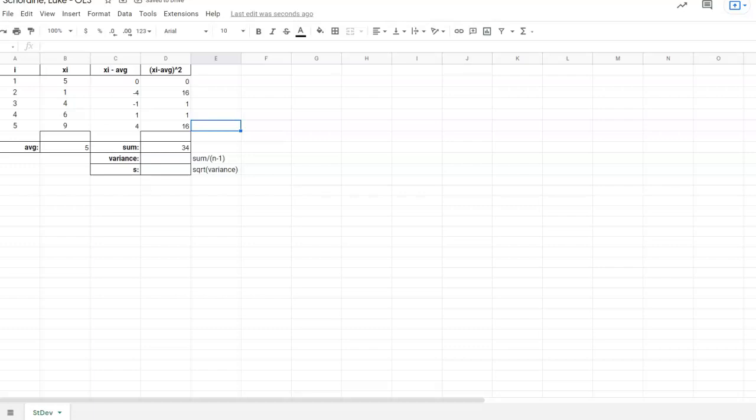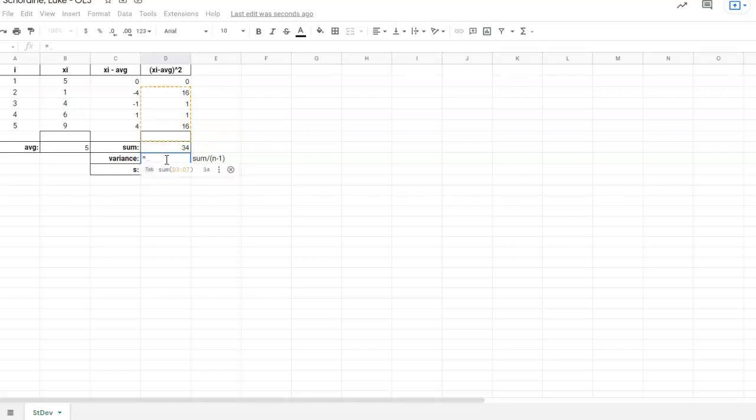The next thing that I have to figure out is the variance. It asks us to find the variance. And I've put here that the variance is equal to the sum of the squared deviations divided by n minus 1. Now, I haven't square rooted it to get the standard deviation yet. Remember, the variance is the standard deviation squared. So I've squared all these numbers. Now I'm going to divide by the number of numbers. Here's my formula.